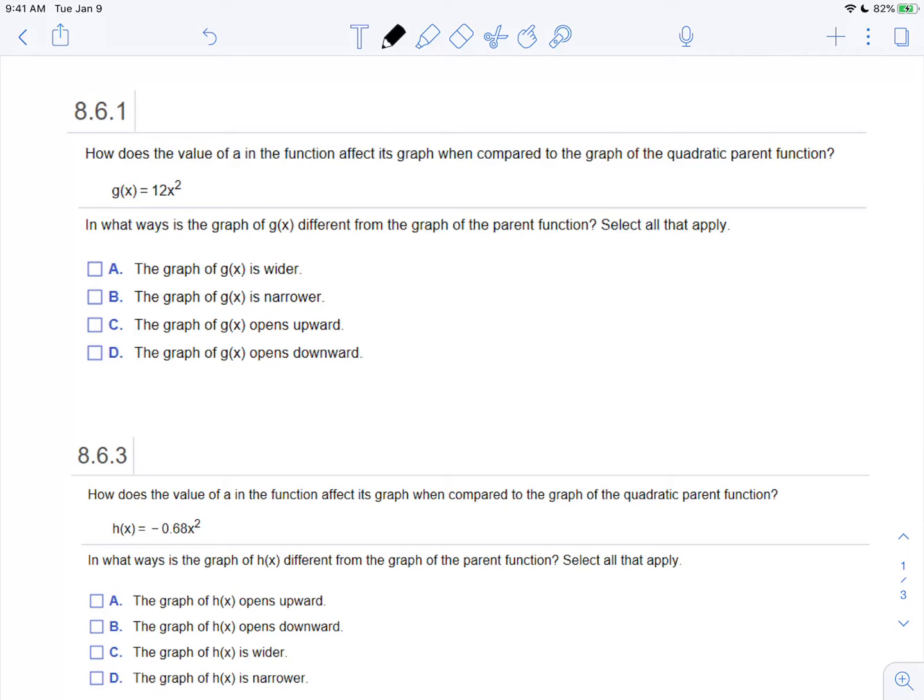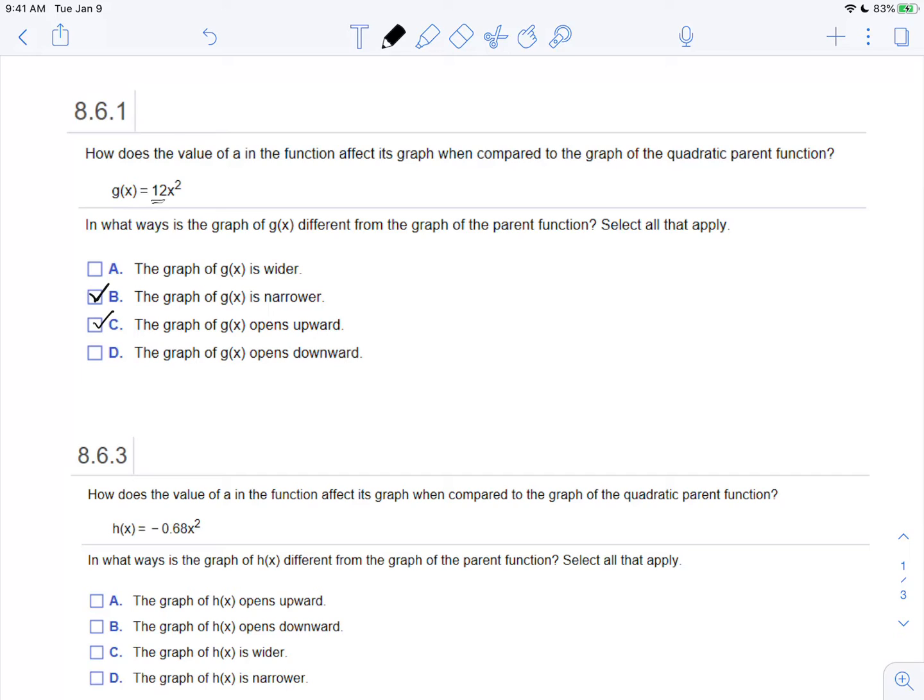How does the value of a in the function affect its graph when compared to the graph of the quadratic parent function? g of x is 12x squared. So what we're trying to say is, how does this 12 affect the graph compared to the parent function? Select all that apply. Well, that 12, since that number is greater than 1, makes it narrower, and this graph is going to open upward, right?